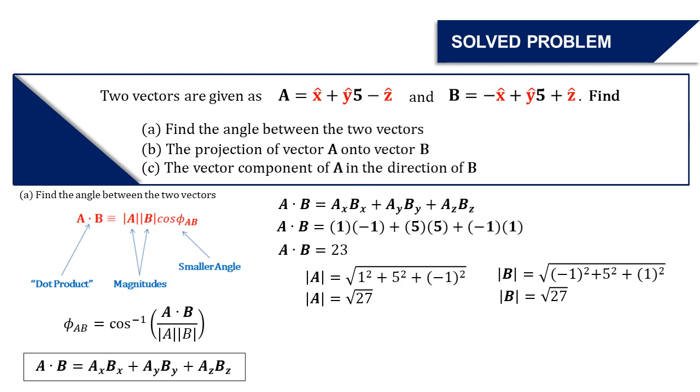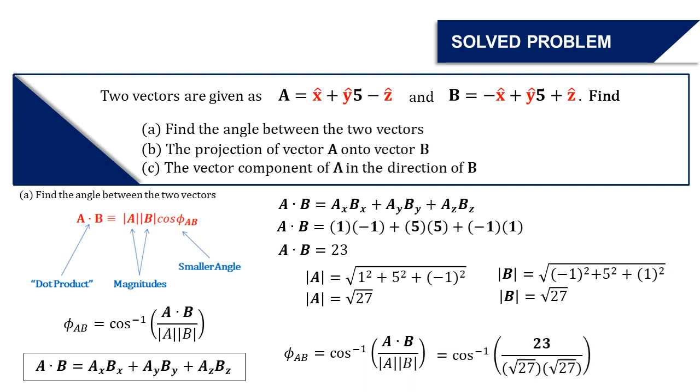Now, we already have yung ating mga kailangan numbers para ma-solve yung ating angle in between vectors A and B. So, isa-substitute na lang natin yan ulit dun sa ating formula that will become the angle between A and B is equal to the arc cosine 23 divided by the square root of 27 times the square root of 27.